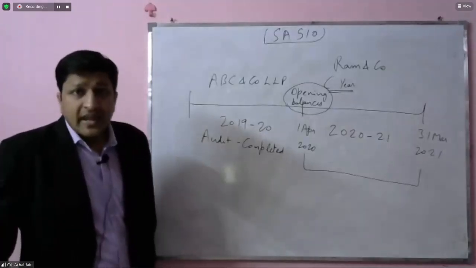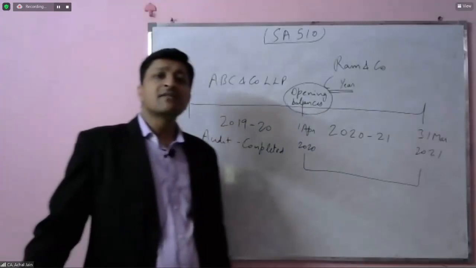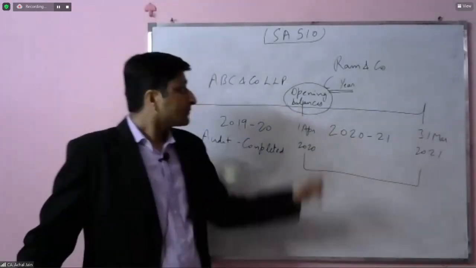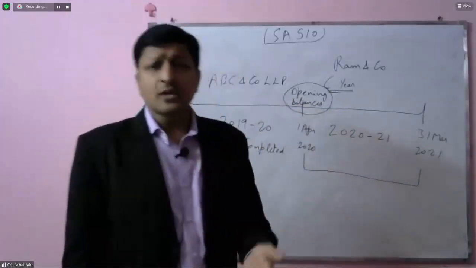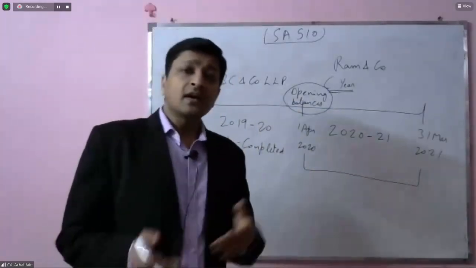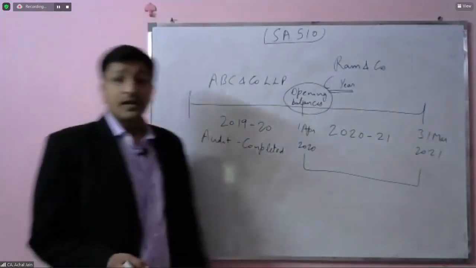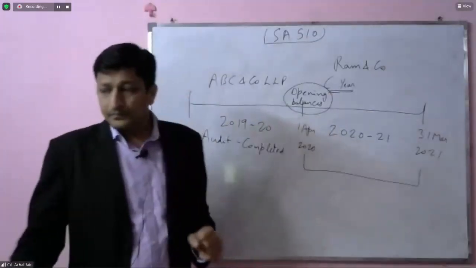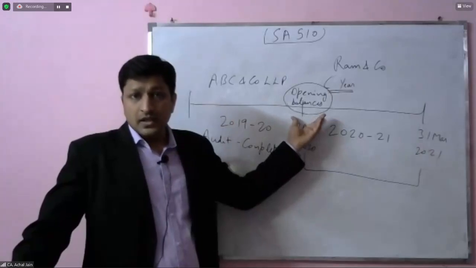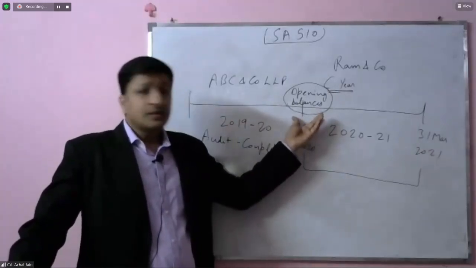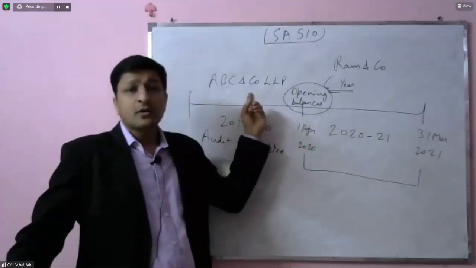Or can the company not say somewhere in the financial statements that the opening balances were already audited by this audit firm ABC and Company LLP? And can Ram and Company report in the auditor's report that these opening balances will not be audited by him because these are already audited?